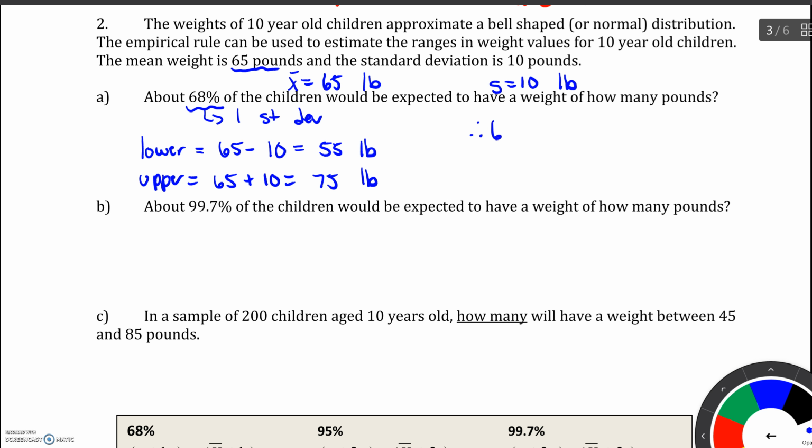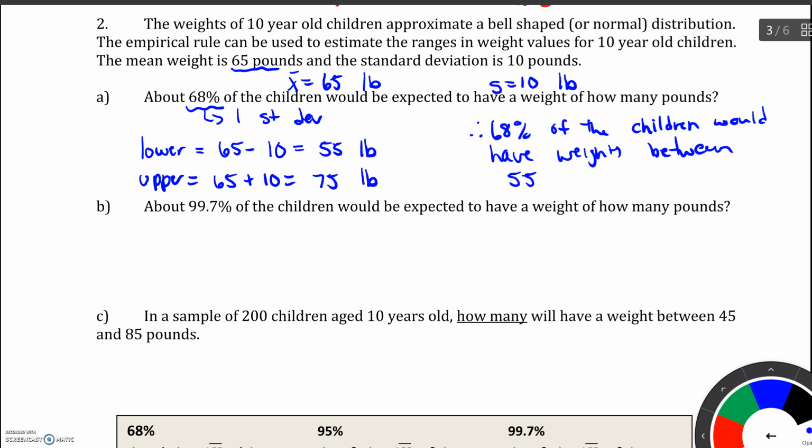So therefore, 68% of the children would have weights between 55 pounds and 75 pounds.